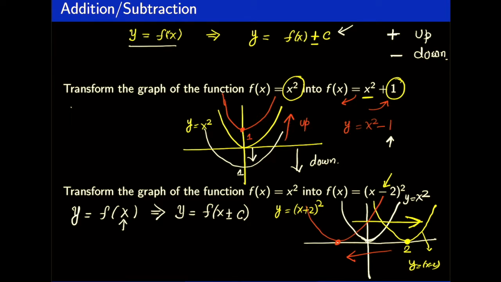So again, in summary, for y is equal to f(x plus c), if you subtract, it's going to shift to the right, and if you add, it is going to shift to the left. So it's very important: subtraction moves the graph to the right, however, addition moves the graph to the left.